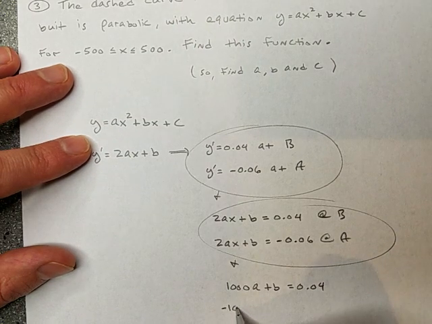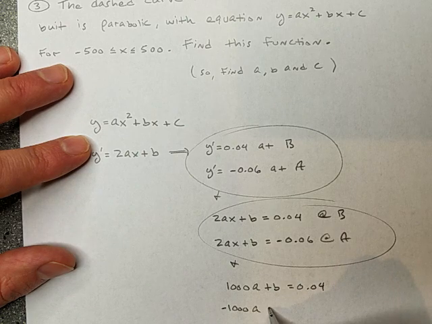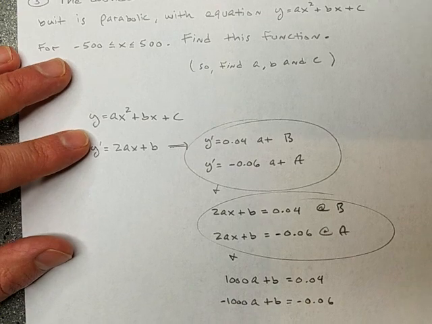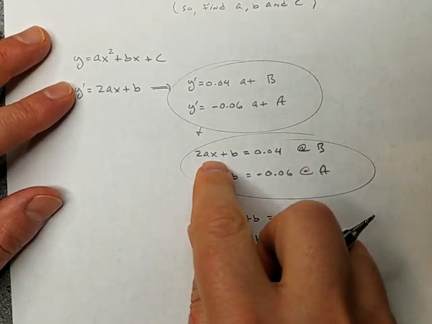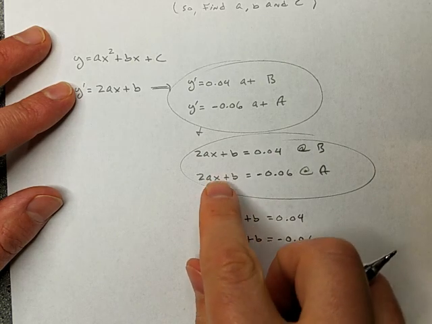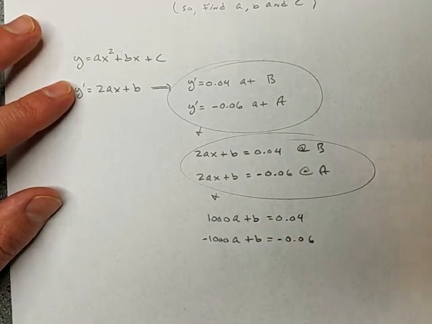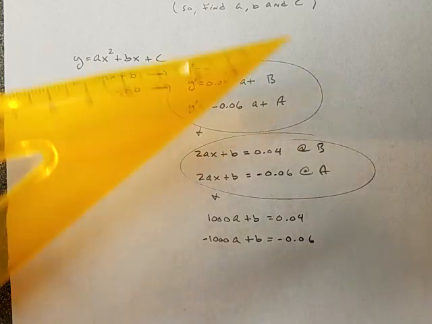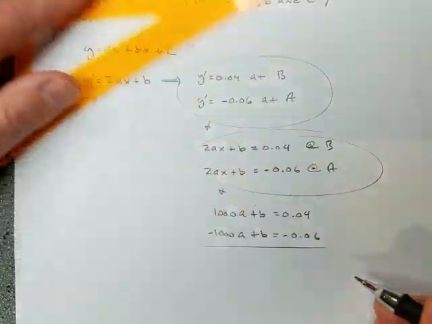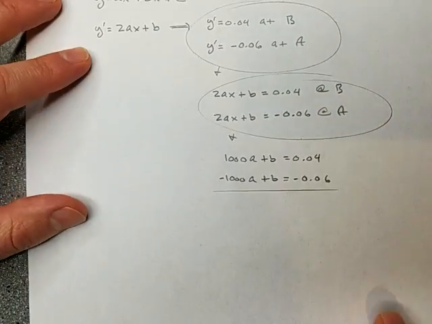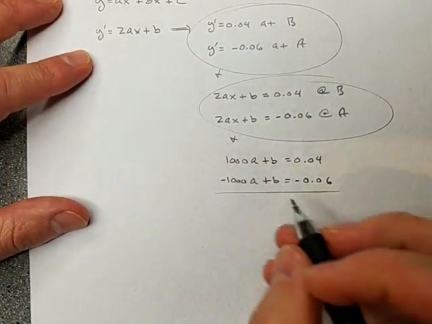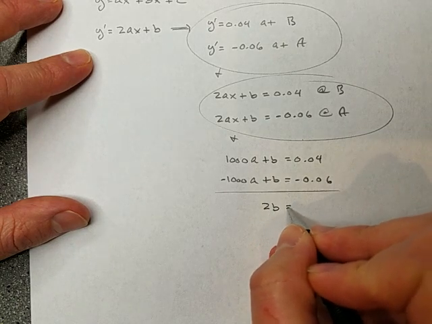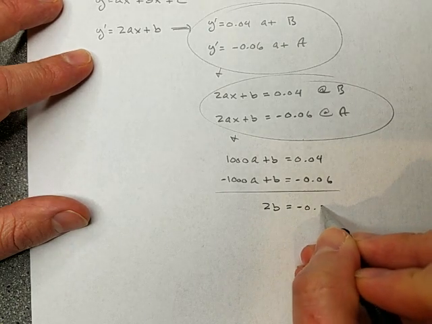I'll get negative 1000A plus B is negative 0.06. Because at points B and A, x is 500 and x is negative 500. Okay? All right, now what can I do? Well, ultimately I wanted to solve for A, B, and C. I can add these two equations together. It will eliminate the A, and I can solve for the B. So 2B is equal to negative 0.02.